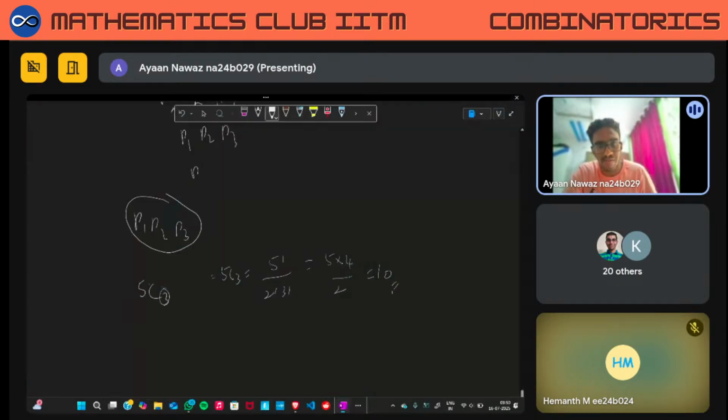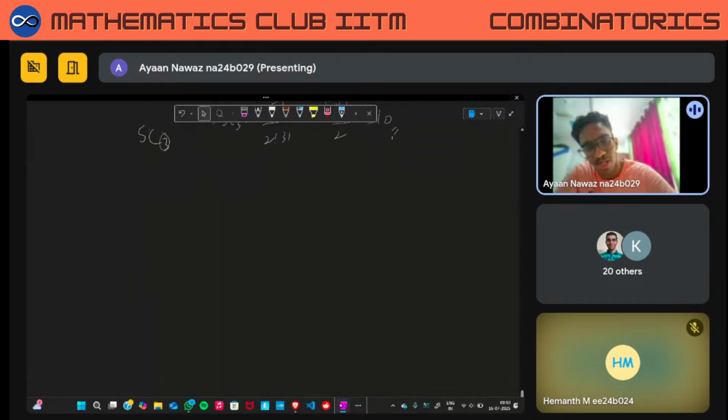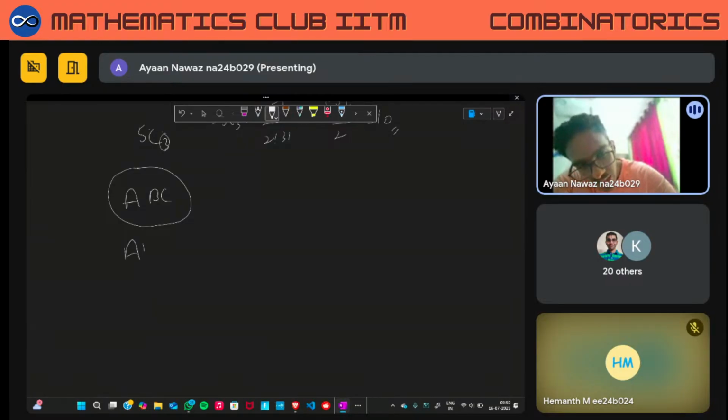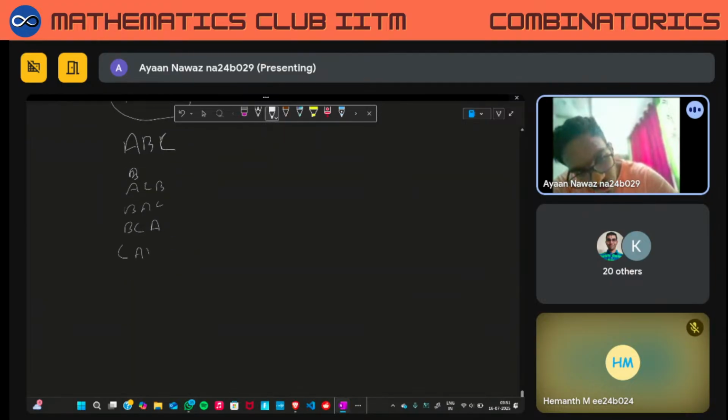So basically, the main difference between a combination and a permutation in simple words is that, see, if A, B, C is a set of letters, and I have to choose a combination of three letters from this, that is only one combination, that is ABC. If I choose a permutation of these, then ABC, ACB is a permutation, BAC is also a permutation, BCA is also a permutation, and CAB, CBA.